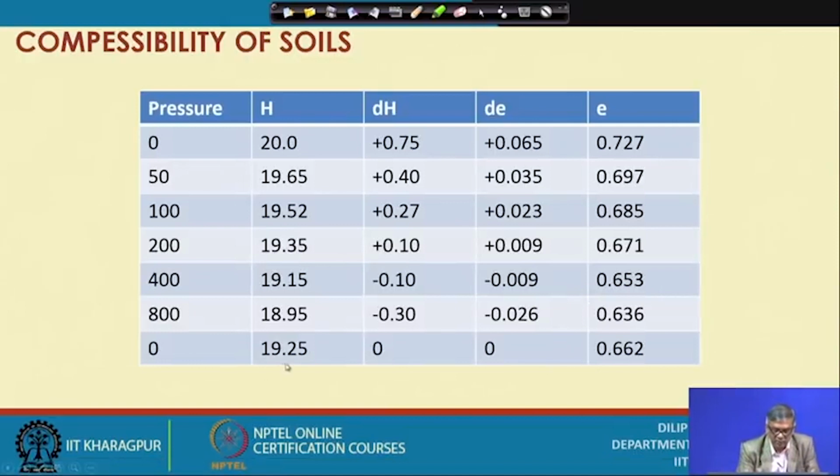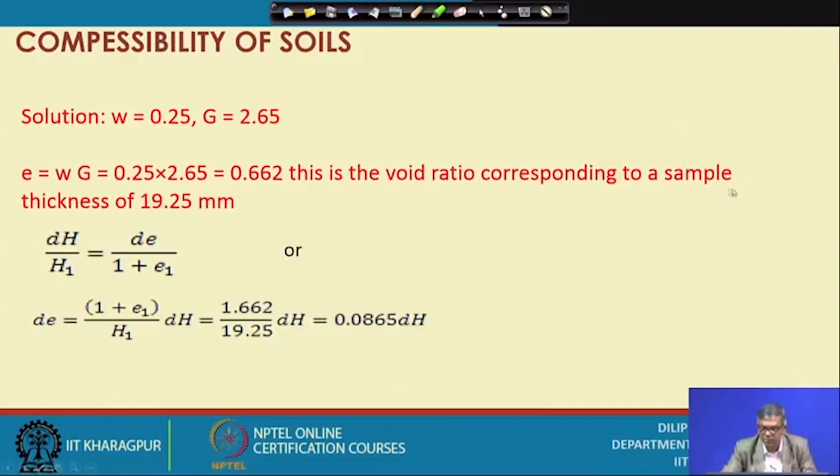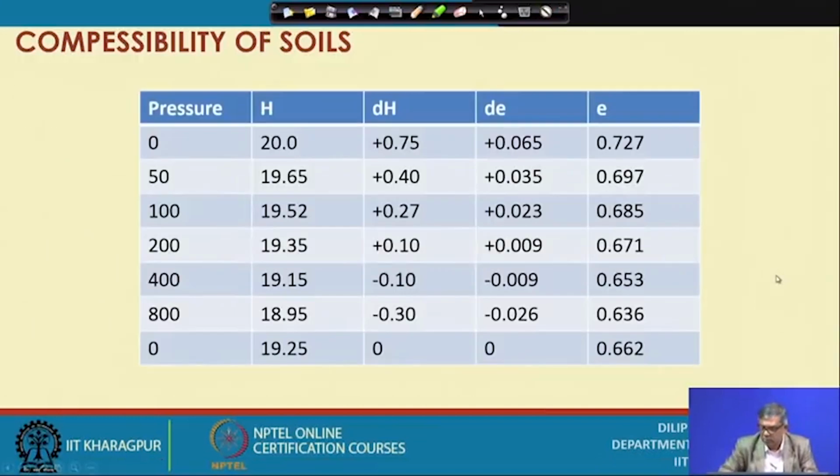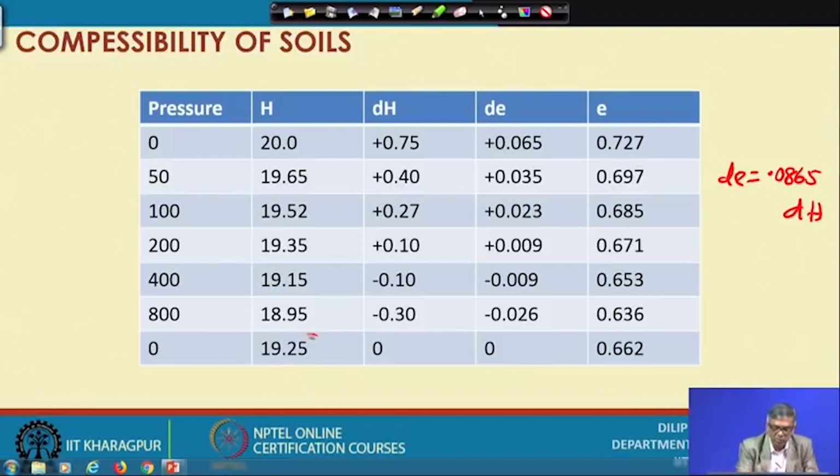Okay. So, if this is the one, then I can go back to this one, you can see 19.25 thickness and void ratio, and we have got dE equal to 0.0865 dH. So, we know this is the thickness and this is the corresponding void ratio, and we have got change in void ratio in terms of thickness.